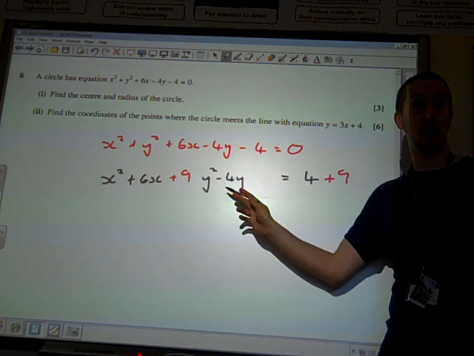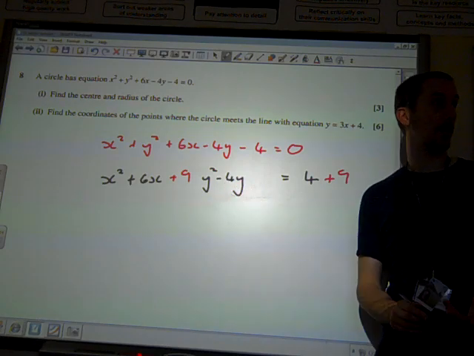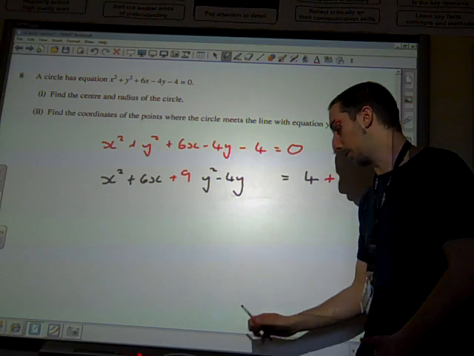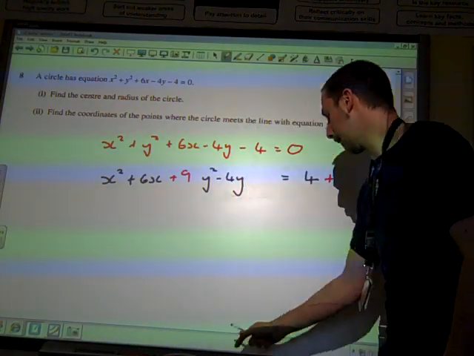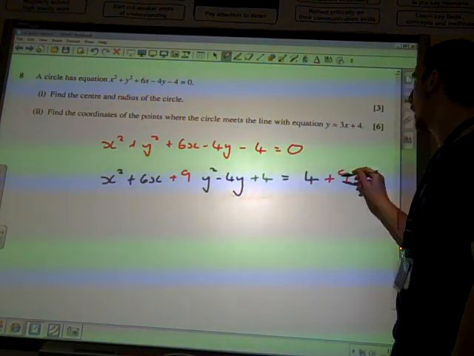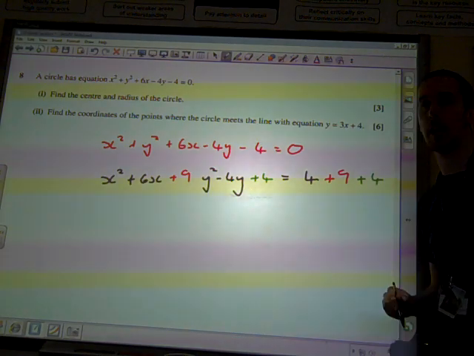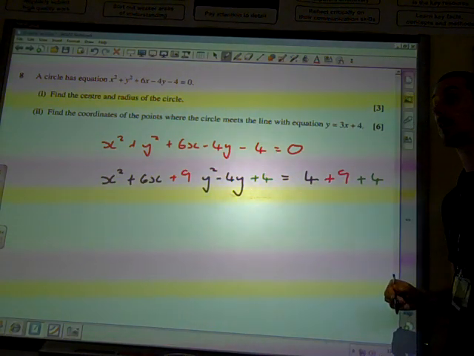Here we've got minus 4. Half of that is minus 2. Squared is plus 4. So I'm going to add in a plus 4 there. And to keep things balanced, I'm going to add it on the other side as well. Okay.